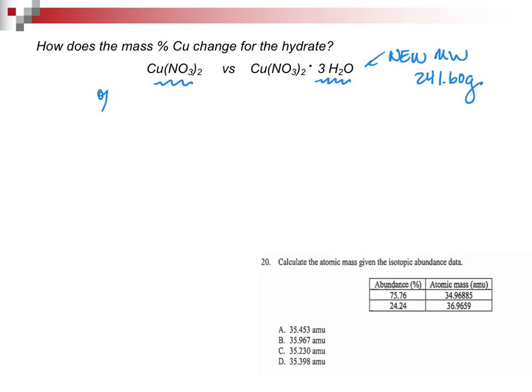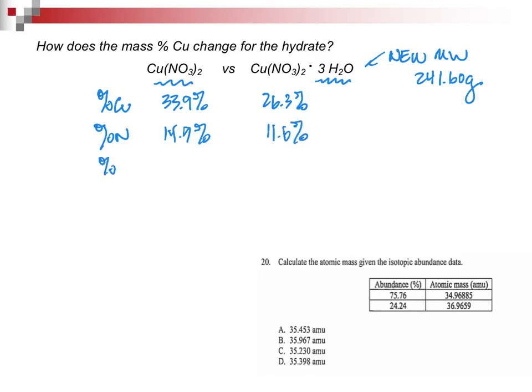So how does my percent copper change for the hydrate? Well, let's kind of make a little chart here. If I have my percent copper, it used to be 33.9%. For this new material, 26.3%. If I look at my percent nitrogen, it used to be 14.9%. Now it has dropped to 11.6%.